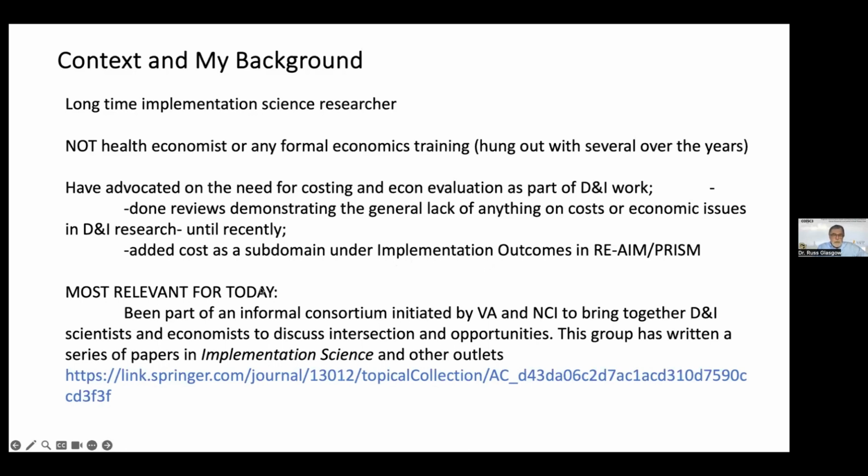Most relevant for today is I've been fortunate to be part of a consortium we'll talk about later for the last couple years, an informal group supported by both the VA and the National Cancer Institute to really bring together economists and implementation scientists to see how we can collaborate, to talk about some of our cultural differences and our terminology issues. And this group has written a number of papers that I'll be referring to throughout my talk.